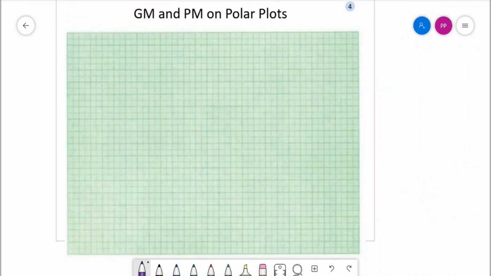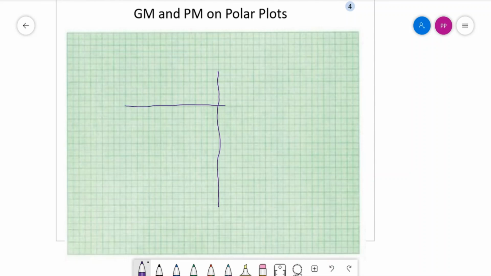Let us draw the polar plot for gain margin and phase margin. I am drawing the polar plot for the same. This is the point of minus 1, and I take the same radius. So this is omega gain crossover, and this length is definitely 1.